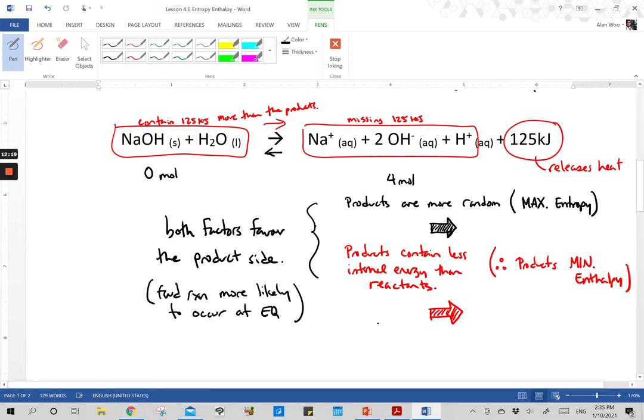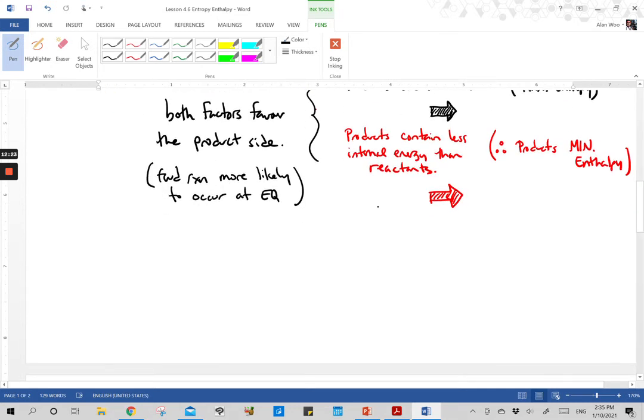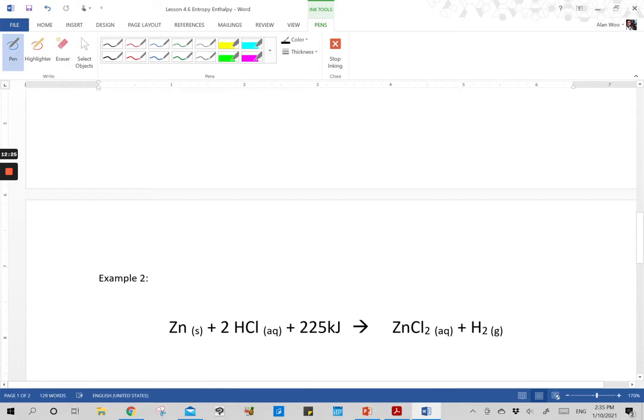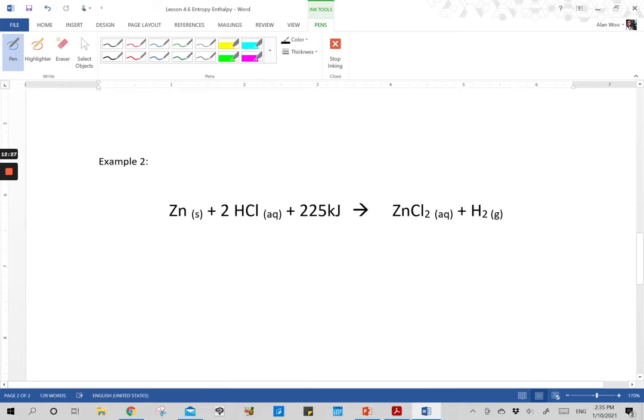So let's take a look at a different example and see how you guys do with this one. So again, I want you to identify which side has max entropy, which side has minimum enthalpy.